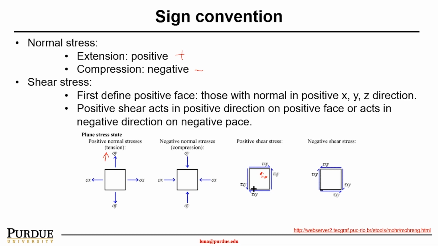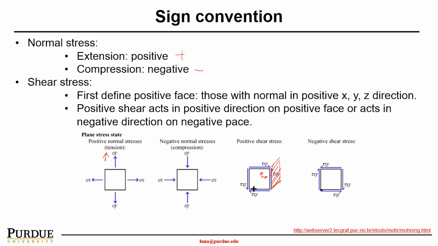Therefore, positive shear acts in the positive direction on the positive face, or acts in the negative direction on the negative face. So if my shear stress is on the positive XY face, it means the X in this direction is positive.